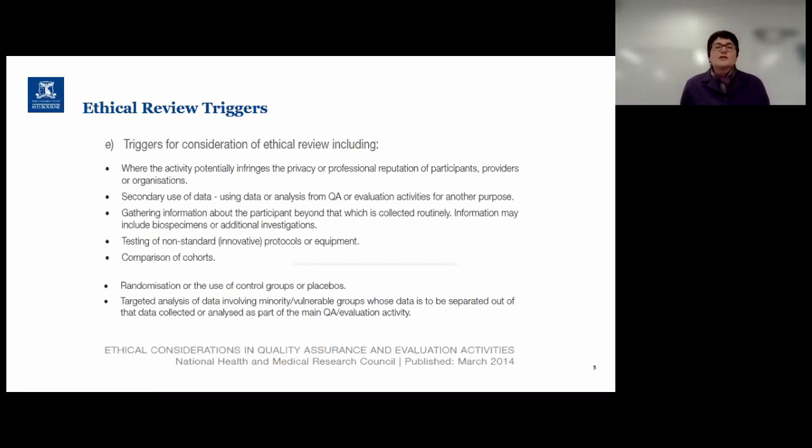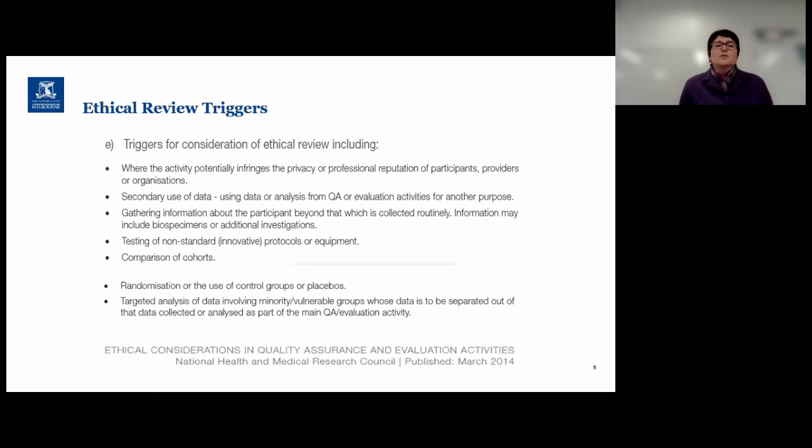And the sorts of triggers, the important triggers that mean that your standard quality assurance activity needs ethical review is where the activity potentially infringes on the privacy or professional reputation of participants, providers or organisations.